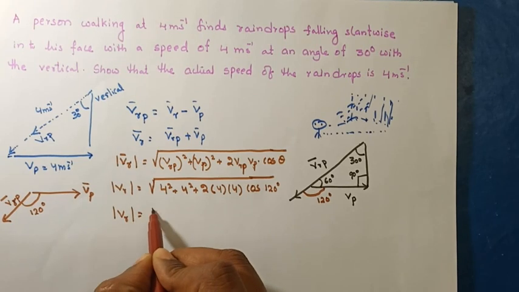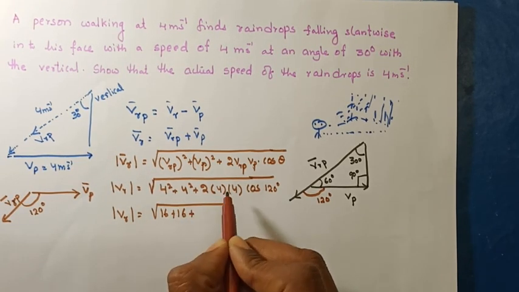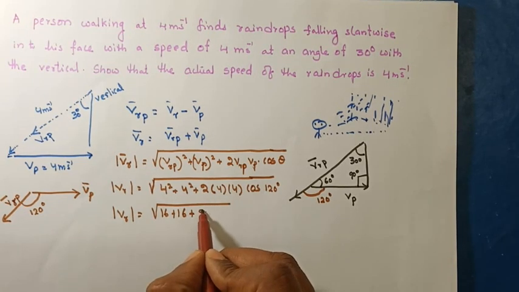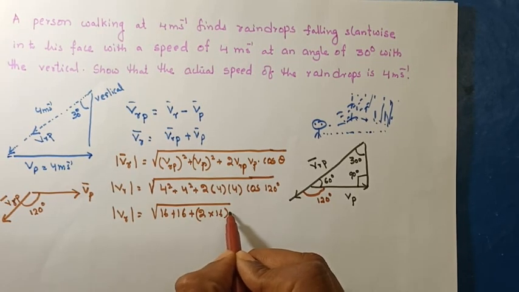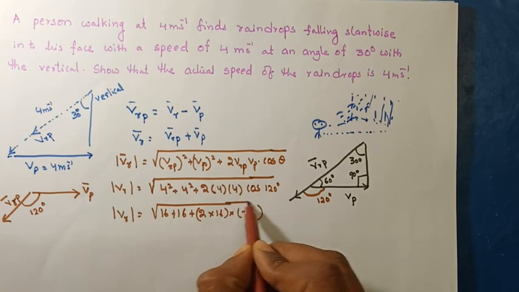Vr is equal to 16 plus 16. What is that? 4 4s are 16. 2 into 16 into cos 120, minus 1 by 2.